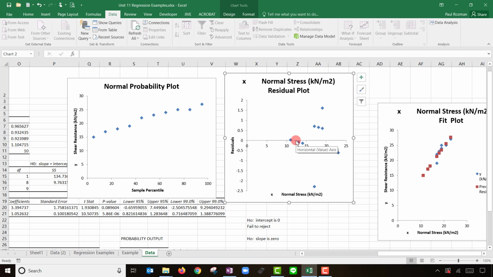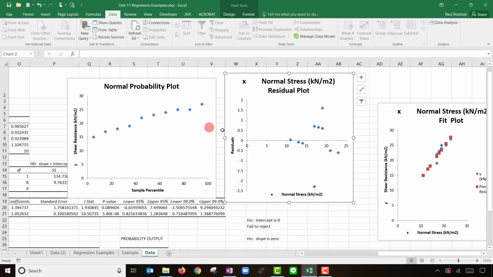Like maybe the data is curved, so that shows up in this plot. So looking at these plots helps us feel better about achieving the conditions or assumptions required to do all this stuff.